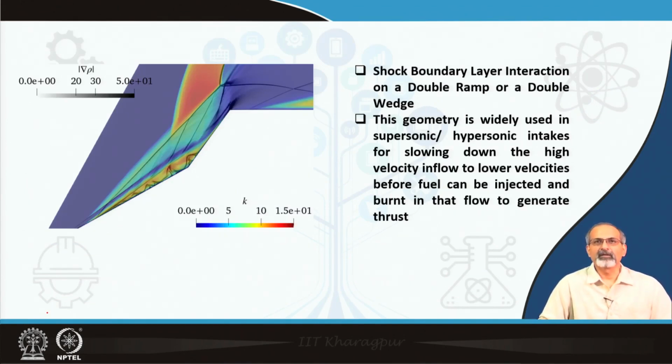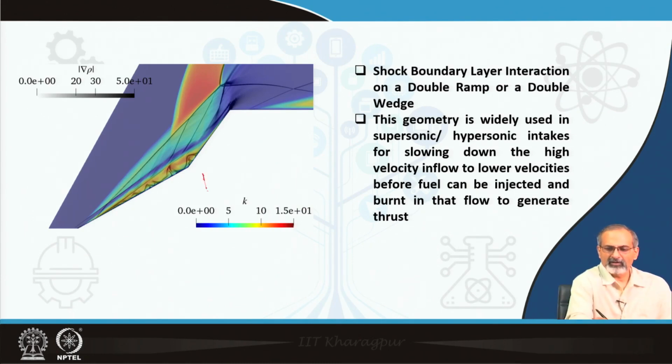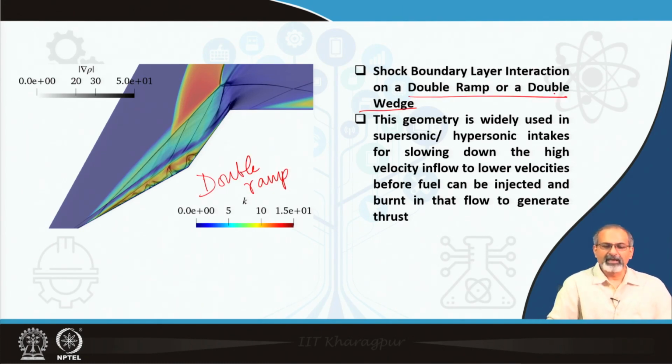Moving to the last slide of this lecture effectively. This is a slide on a double ramp or a double wedge as mentioned here, and this indicates the different kinds of shocks that have occurred over here. It is a very complex interaction.